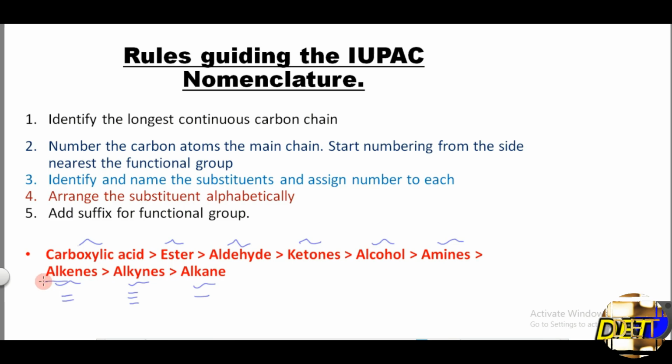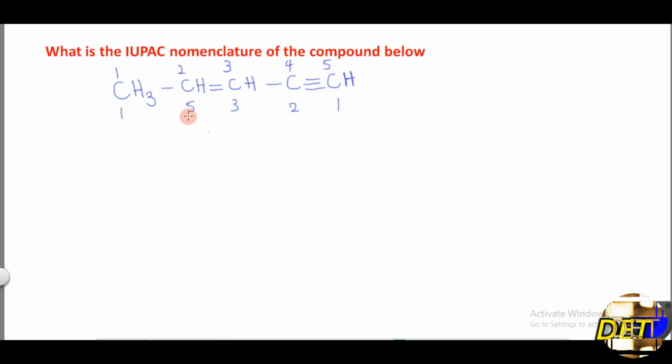So alkenes are given more priority. The double bond is given more priority than what? The alkynes in IUPAC nomenclature. So we must number from the side closest to the main functional group, or the functional group of priority, right? So this is the side that is closest to the functional group.